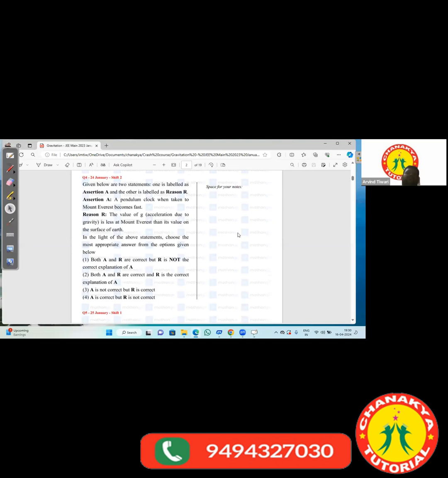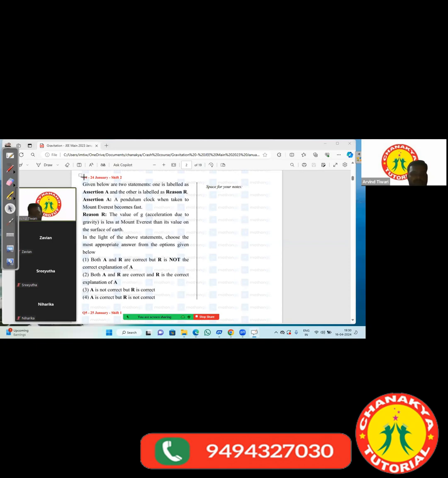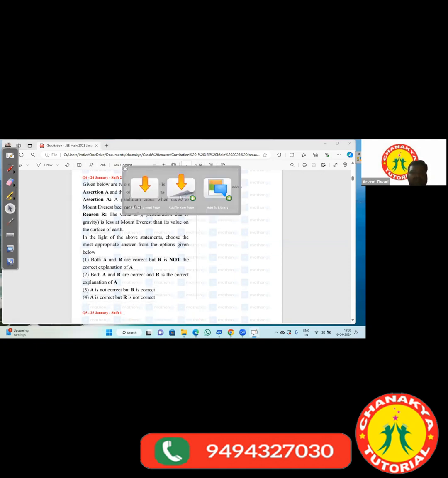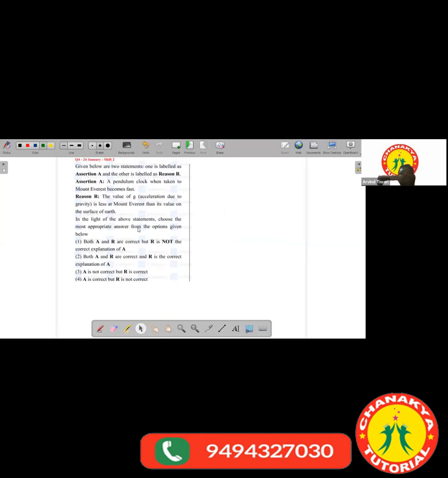Given below are two statements. One is labeled as assertion and the other is labeled as reason. Read the statements. Assertion says a pendulum clock when taken to Mount Everest becomes fast.